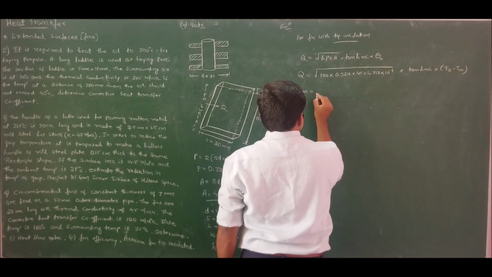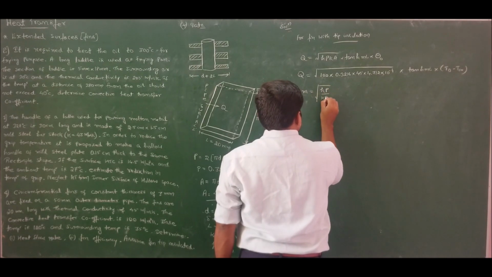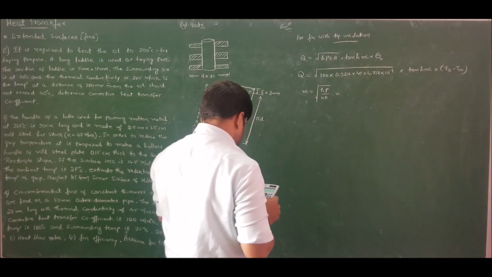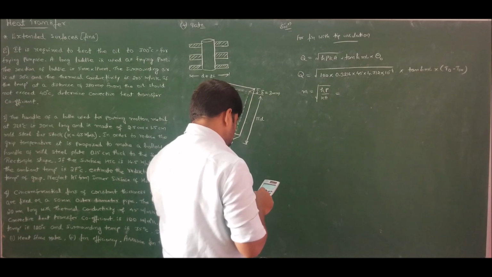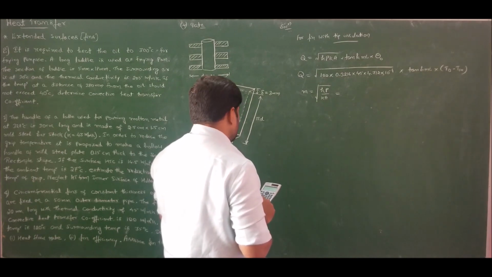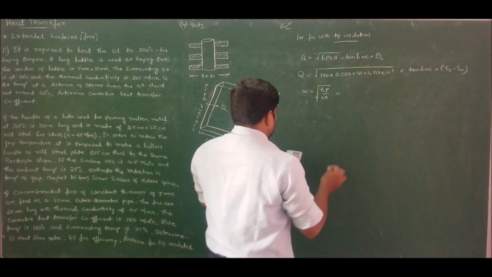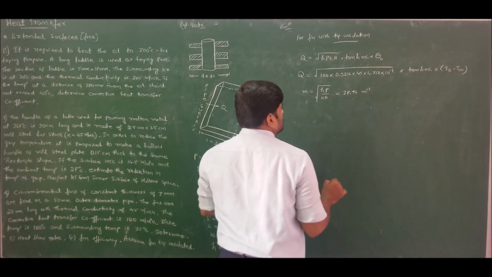The value of m is root of hP by kA, which is root of 100 into 0.3216 divided by 45 into 4.7124 into 10 to the power of -4. So parameter m is 38.94 meter inverse.